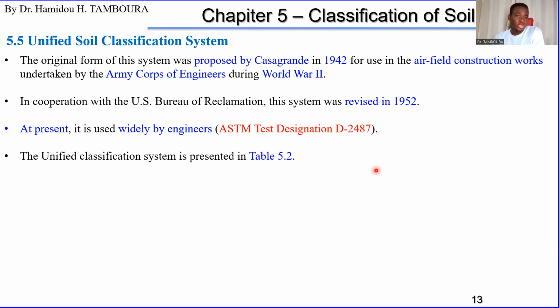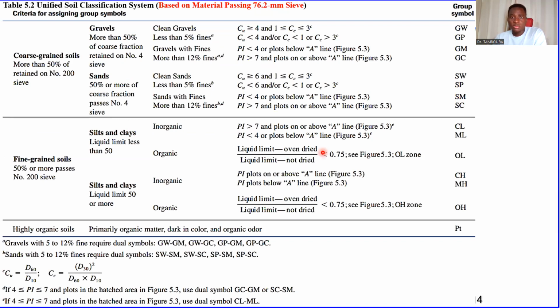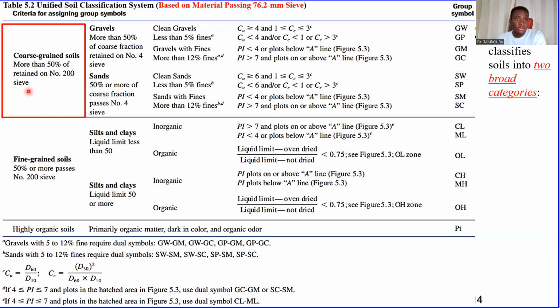So this unified classification system is presented in this table. As you can see the table, it has two categories. The first one is this one, coarse-grained soil. Do you remember the sieve number 200?